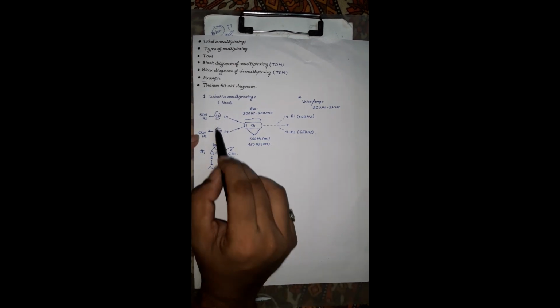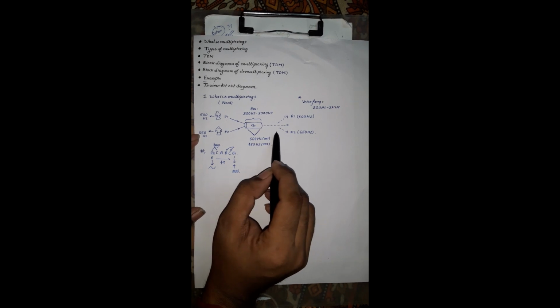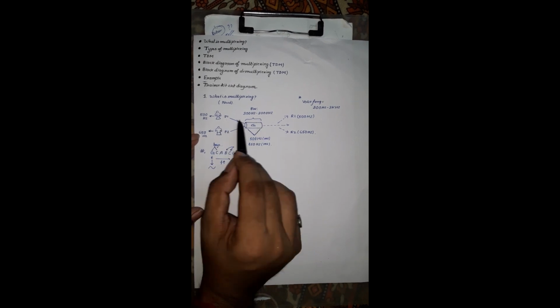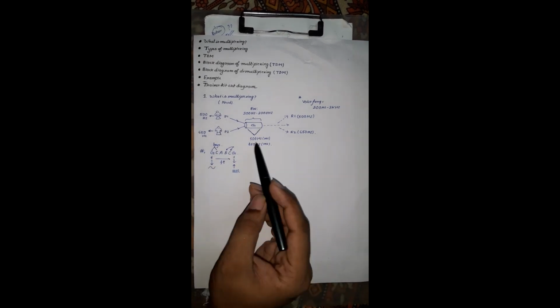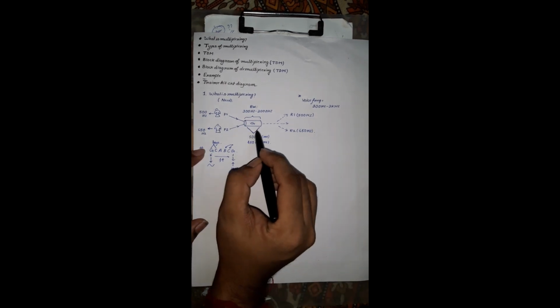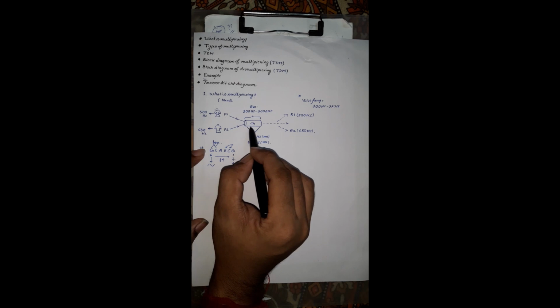So that is the main problem: the same channel, and multiple users are trying to communicate. Why? Because the communication is done in the voice frequency range only, and the channel has the same voice frequency range. Since the channel has the voice frequency range, the channel is the same, and through the same channel not only two users, multiple users are trying to communicate.